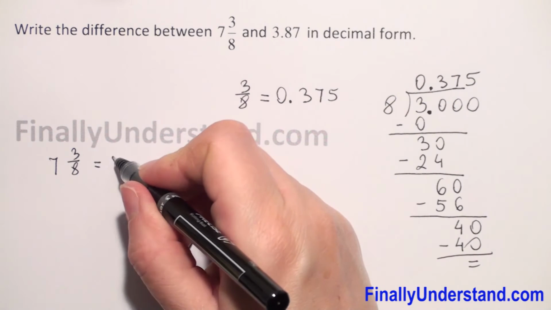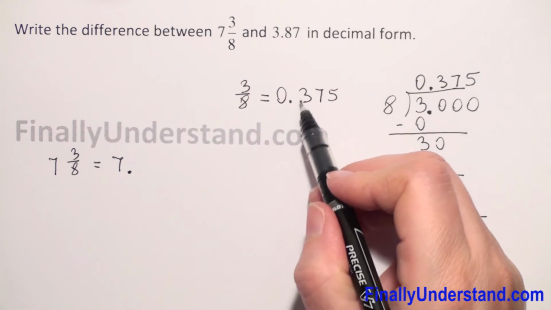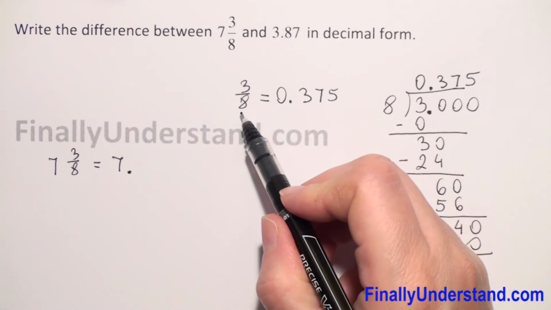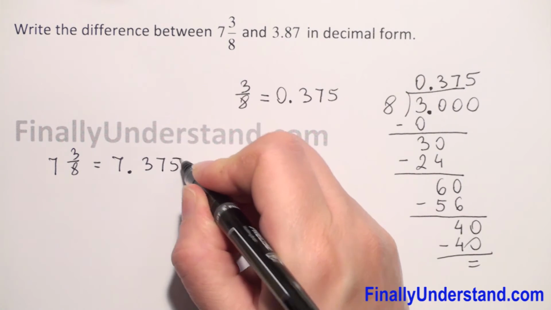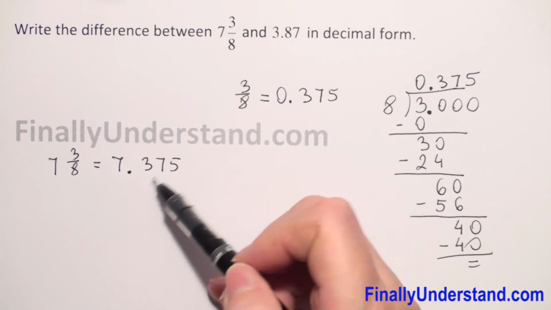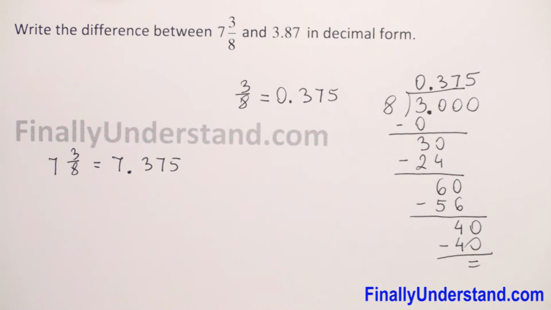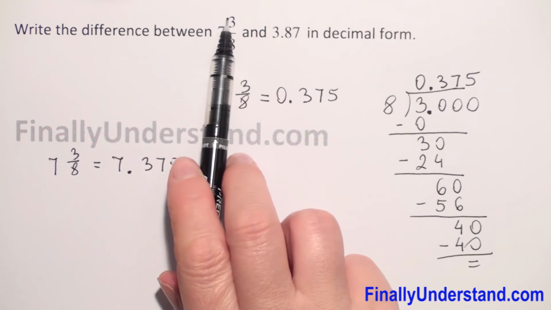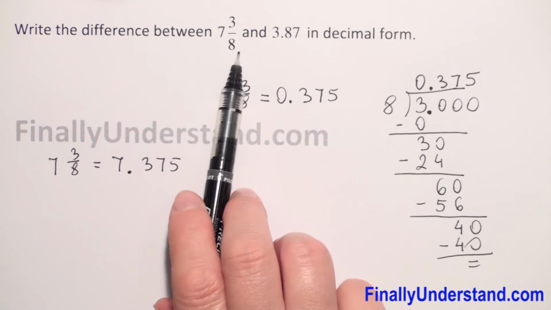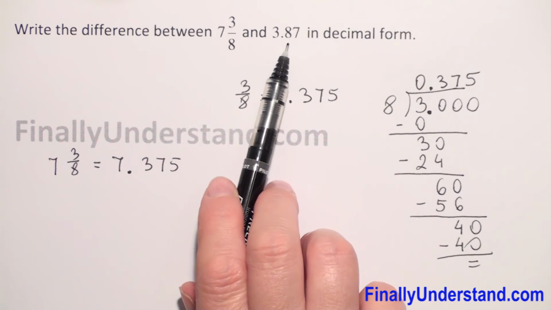The whole number is 7, the decimal point we copy, and the rest we get from the 3 over 8 division. So this is 7.375. We change the mixed number to a decimal number.